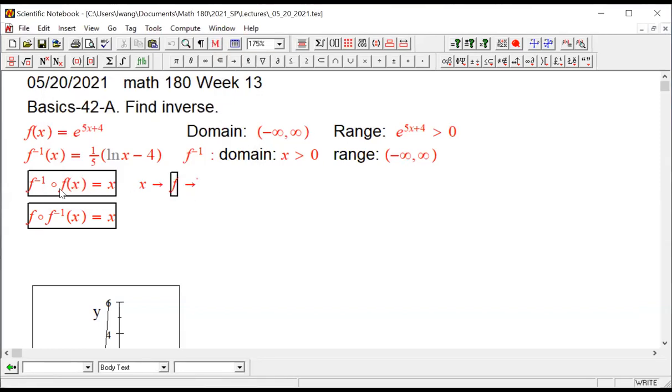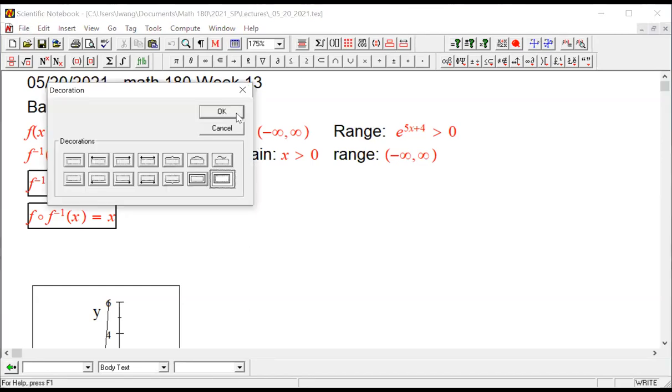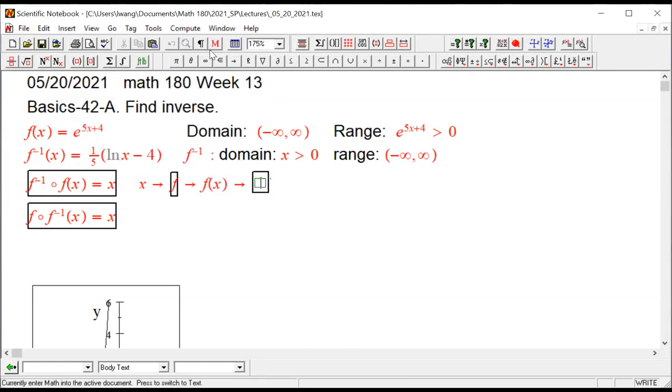The output is f of x, and this output will be given to the next one, f inverse. It produces f inverse of f of x, and it is going to be the same as this input.